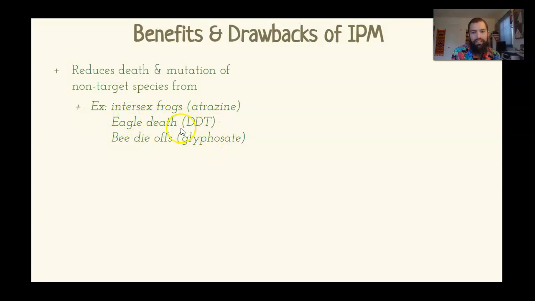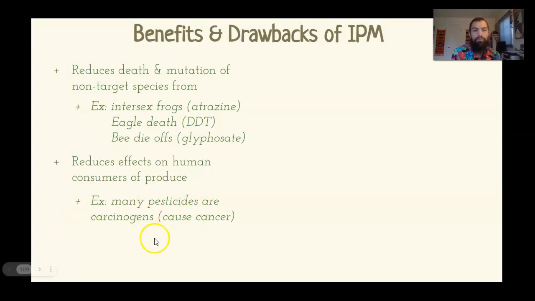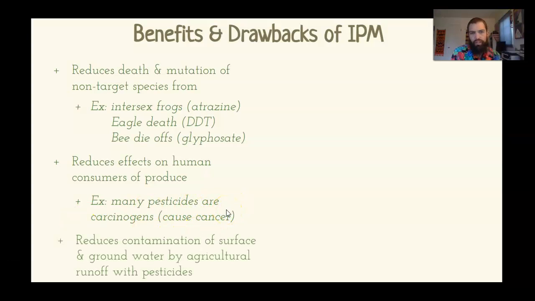Eagles died with DDT, although it's banned now. Frogs change genders because of atrazine. It also reduces the effects on human consumers of produce. Many pesticides, as you probably know, cause cancer. And it reduces the contamination of surface and groundwater by agricultural runoff with pesticides.